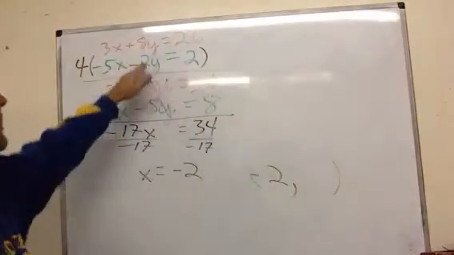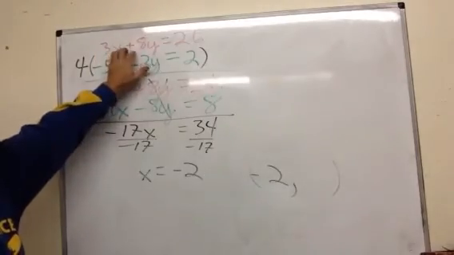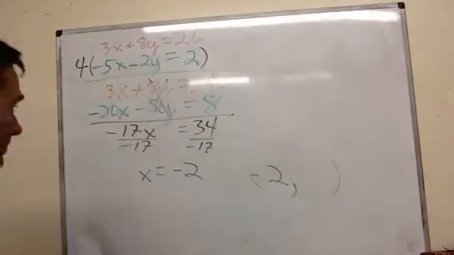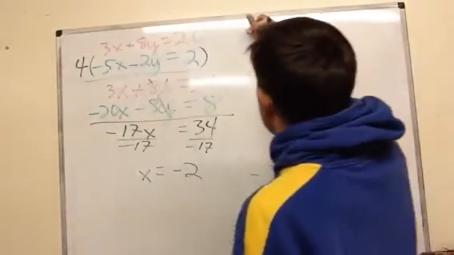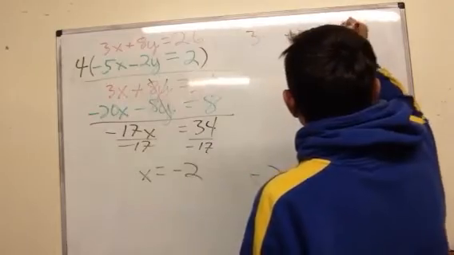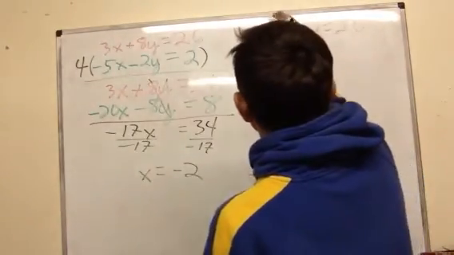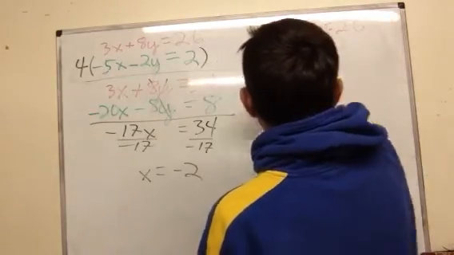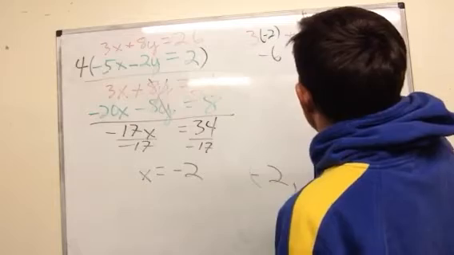So I'm going to pick one of these equations. You know me, I like positive numbers, so I'm going to use this red equation here. And I'm plugging the negative 2 in for x. So I have 3 times, substituting in the negative 2 for the x. 3 times negative 2 is negative 6.